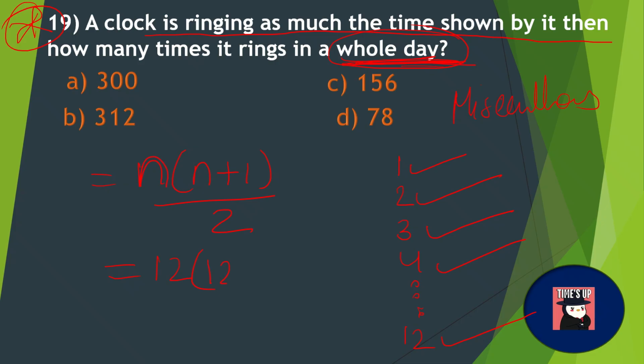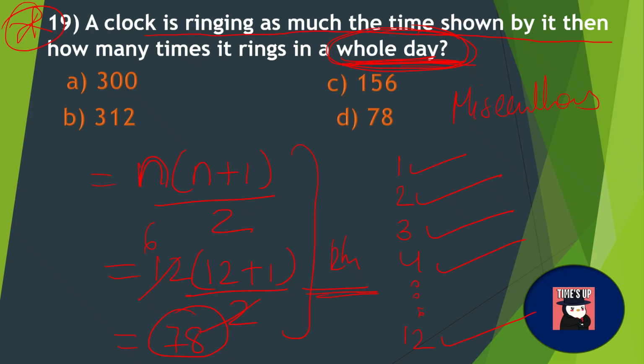So 12 into 12 plus 1 divided by 2. So here 6 into 13, 6 into 13 will be 78. Correct? So this is for 12 hours. But we want the whole day. Whole day means 24 hours will be there. So you got 78 for 12 hours.